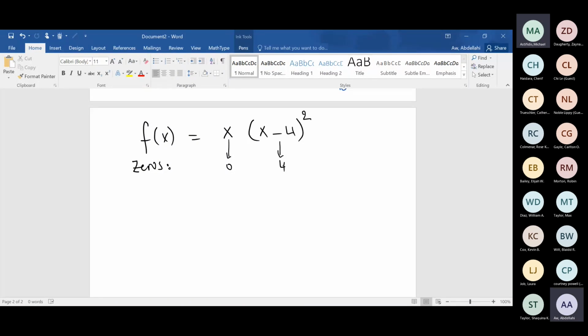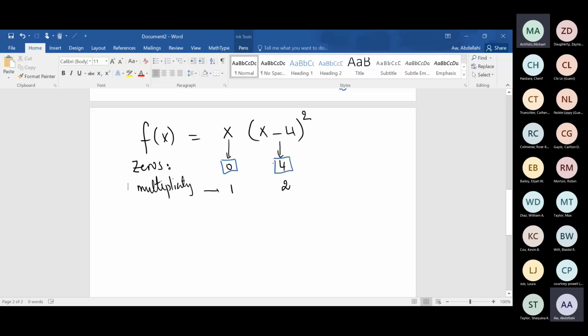So 0 is a zero of multiplicity 1, and 4 is a zero of multiplicity 2, right?